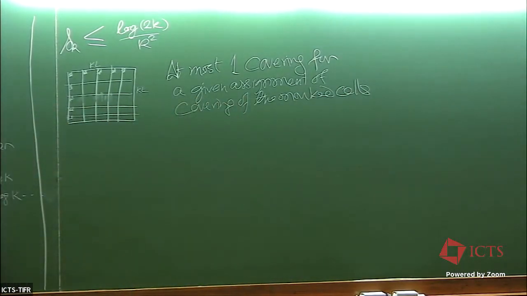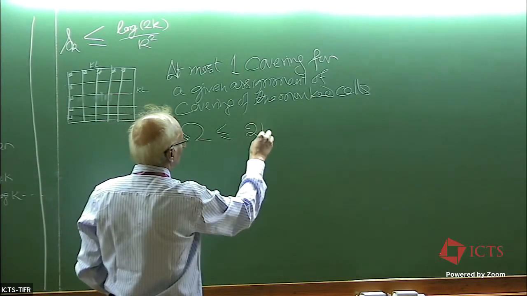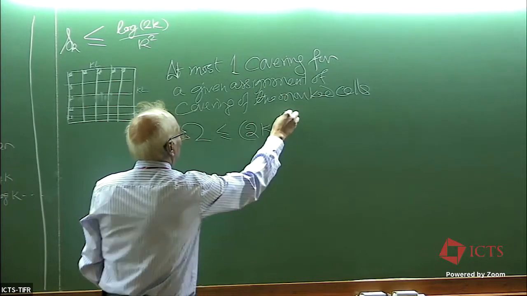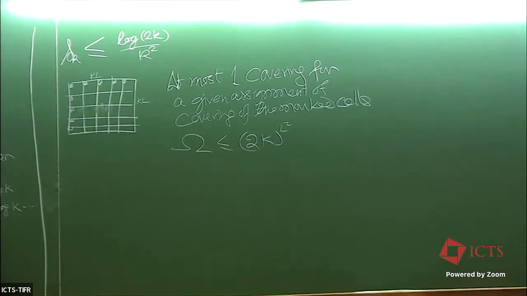So there are 2k ways of this. So omega is less than or equal to 2k to the power L squared. And so, then you just get the bound immediately.